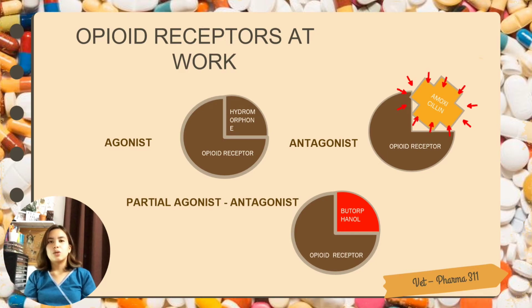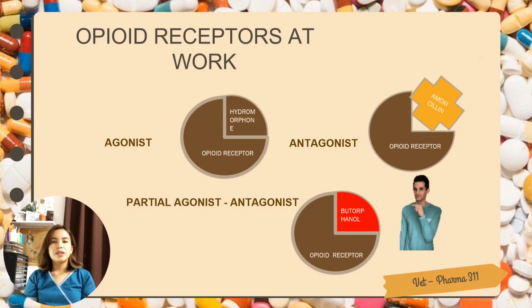Let's just show you the difference in shape. And then we have this guy, which is a partial agonist and antagonist, which fits the receptors, but has a lesser effect. So in a way, it's actually reversing the effect of the hydromorphone.